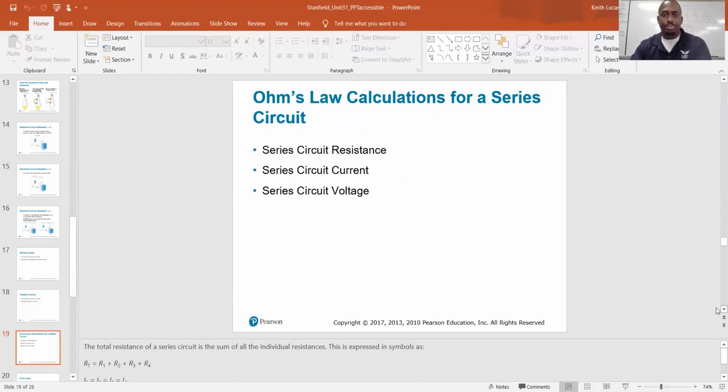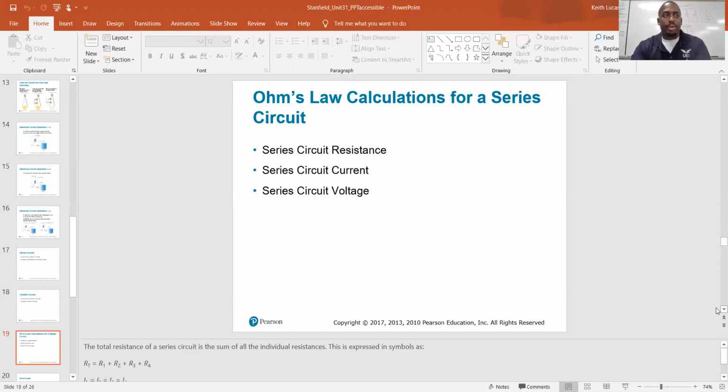So Ohm's law is something that I wanted to talk about too. Ohm's law calculations for a series circuit. The total resistance of a series circuit is the sum of all the individual resistances.